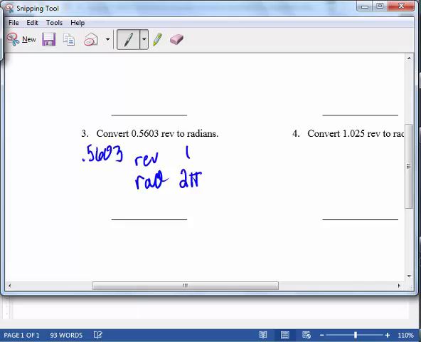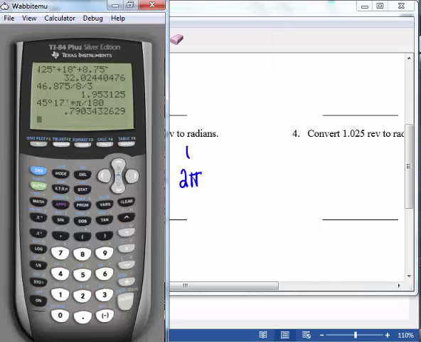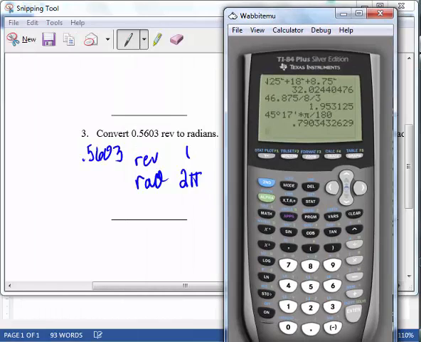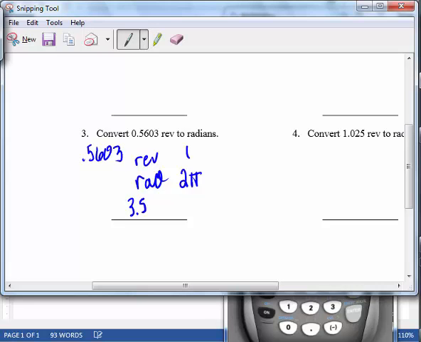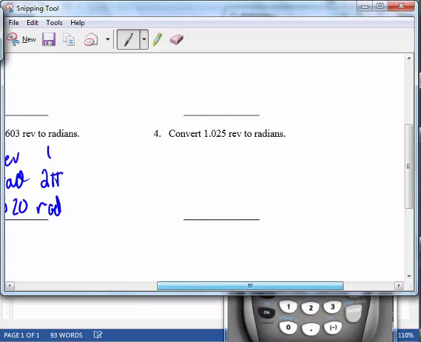We'll take that times 2 pi, excuse me, and we'll get 3.520 radians, which seems to make sense because it's a little over half a revolution, and half a revolution is pi, which is 3.14, so that kind of makes sense.